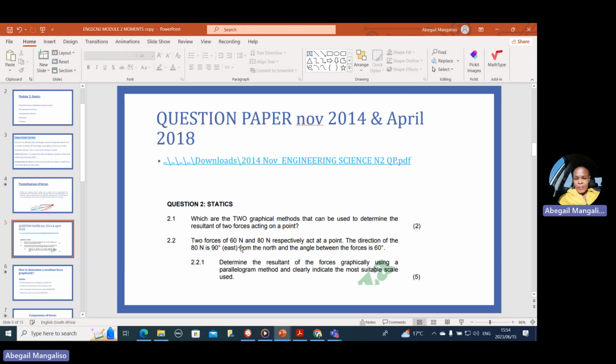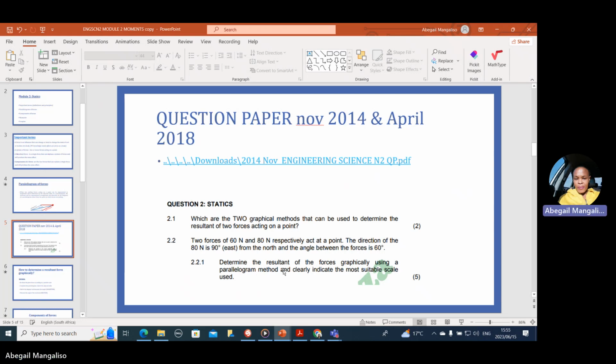This question reads as follows. Two forces of 60 newtons and 80 newtons respectively act at a point. The direction of the 80 newtons is 90 degrees east from the north, and the angle between the forces is 60 degrees.